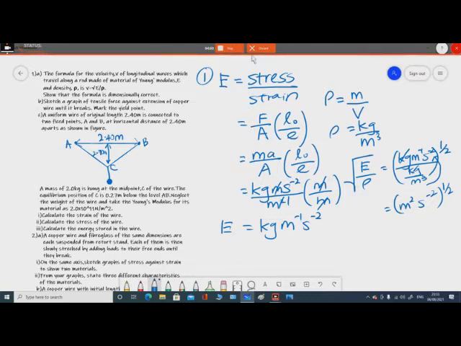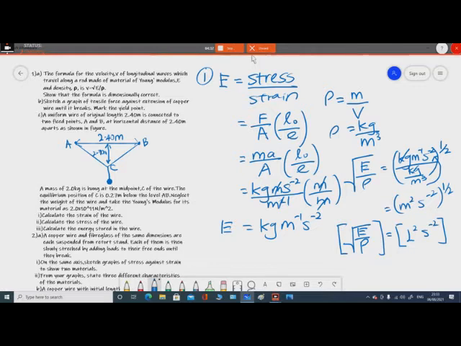In terms of dimension, this shall be in terms of brackets. The dimension for the velocity of the longitudinal wave is equal to L squared T negative 2.